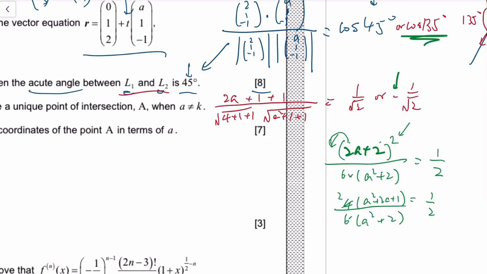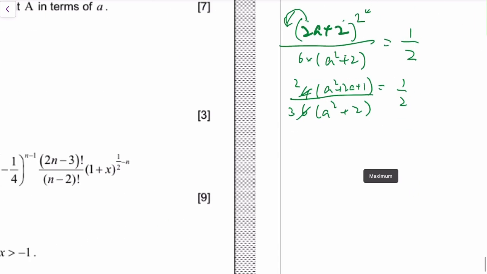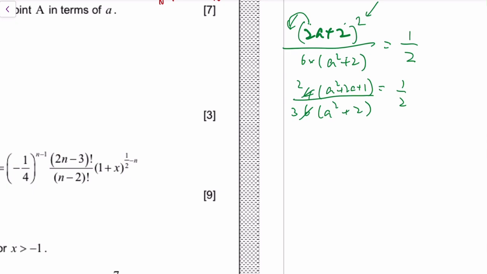Then we cancel out. We cross multiply, so 2 times 2 is 4, a squared plus 8a plus 4 equals 3a squared plus 6, so a squared plus 8a minus 2. Hey, we can't factorize that. Did I do something wrong?